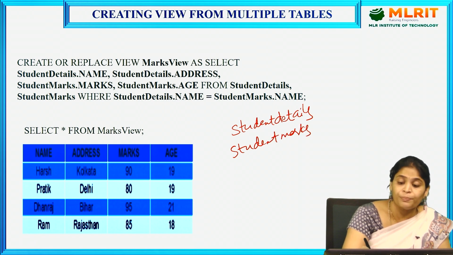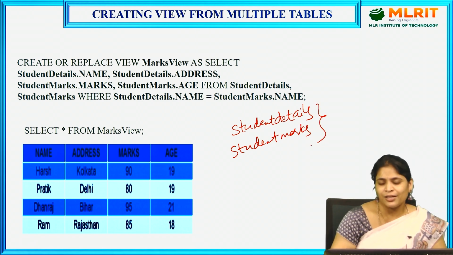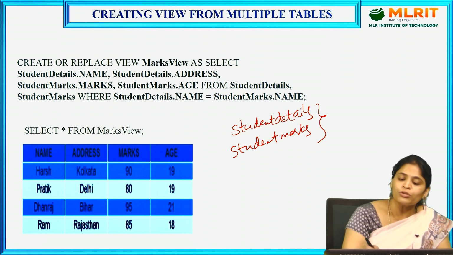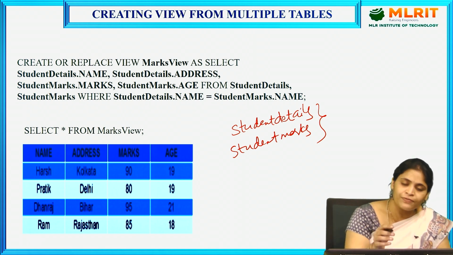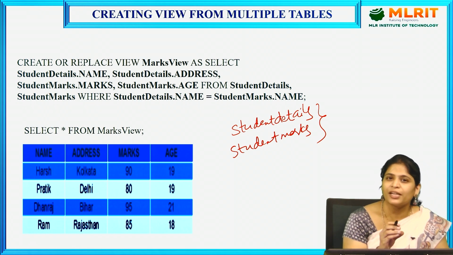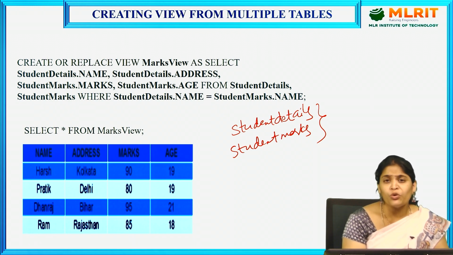These are the 2 base tables, just like existing tables or parent tables, right? To retrieve some part of data, we are creating a view. By creating this view, no external memory is used or allocated.